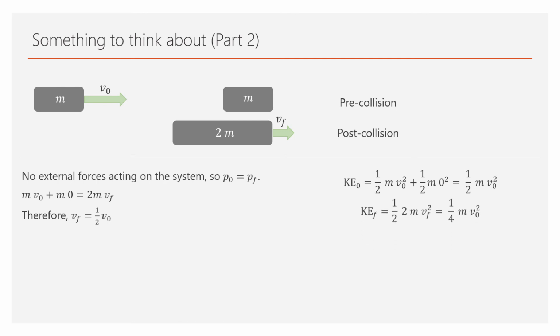And using the value for v sub f found using momentum, we find that kinetic energy after the collision is 1/4 m v sub 0 squared. We can then divide these two and then rearrange to find that the kinetic energy after the collision is equal to 1/2 of the kinetic energy before the collision.